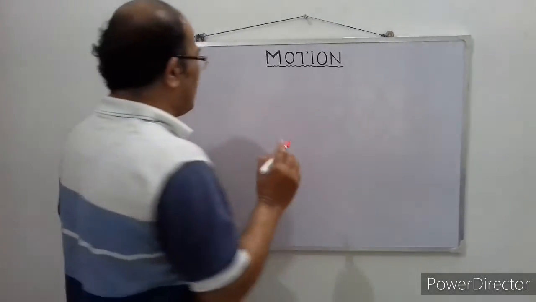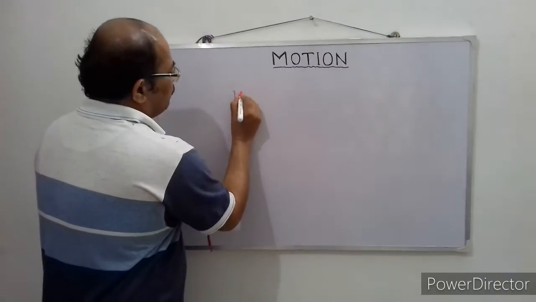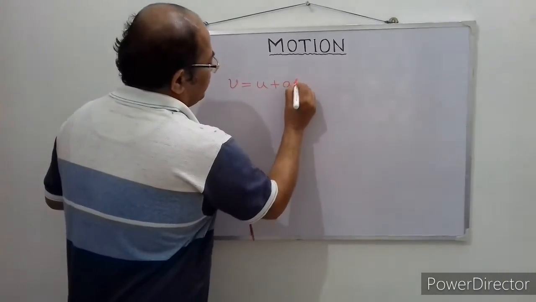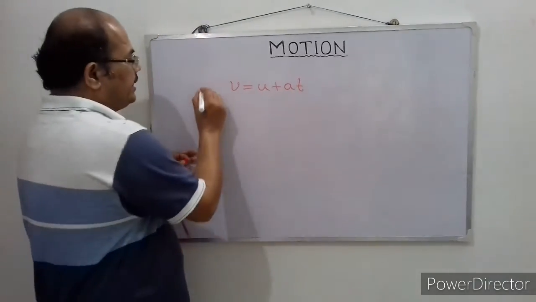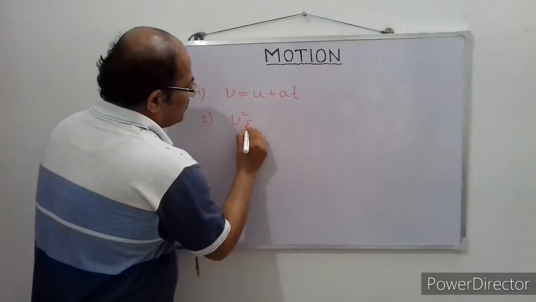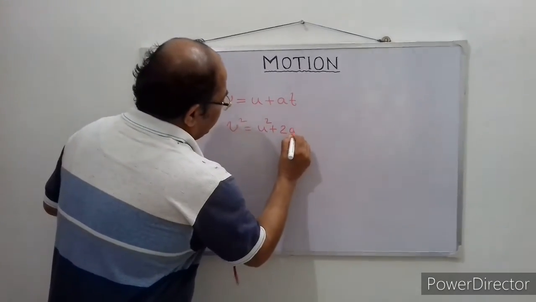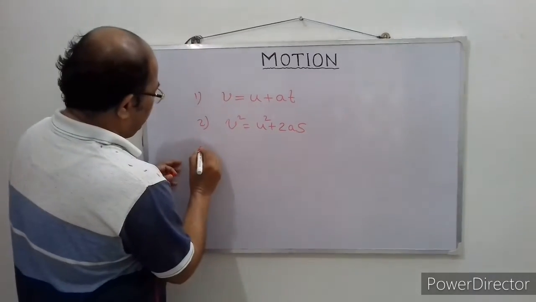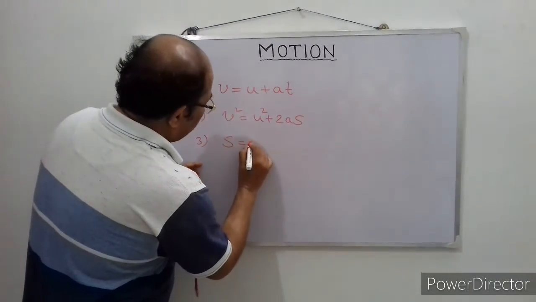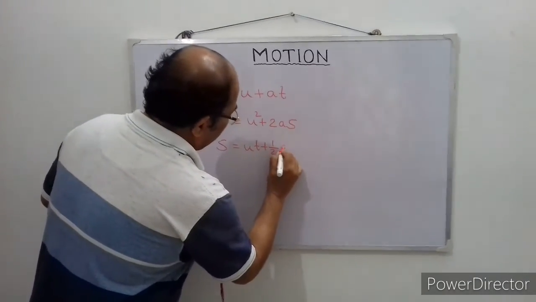So in today's class, we have learned three equations. One is v equals u plus at. The second equation is v square equals u square plus 2as, and another equation is s equals ut plus half at square.